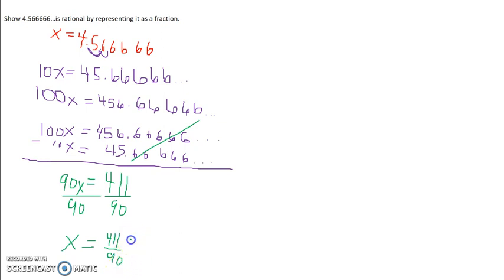So if I divide 411 by 3 and I divide 90 by 3, I'm going to get 137 divided by 30. And if you divide 137 by 30, you will get 4.56666666 that goes on forever. So we have shown that this is indeed rational because we were able to write it as a fraction.